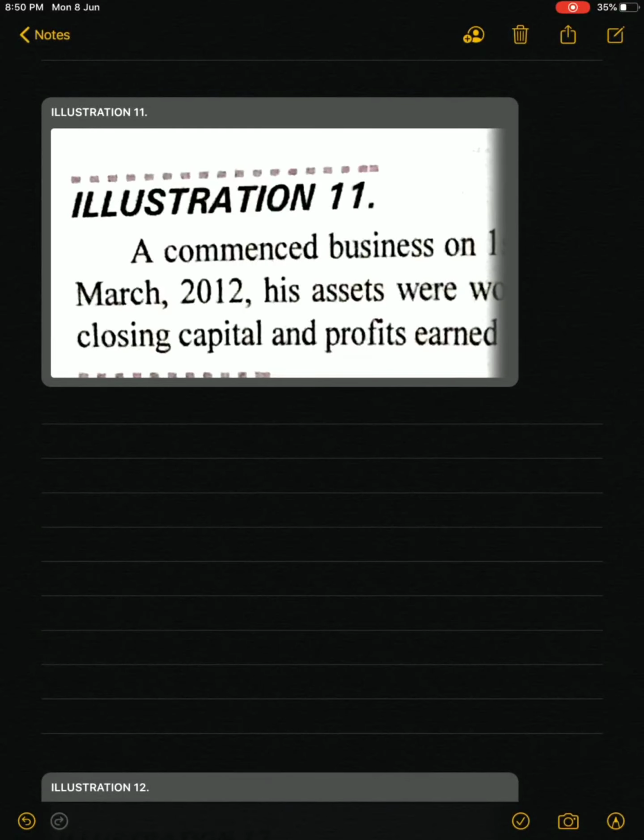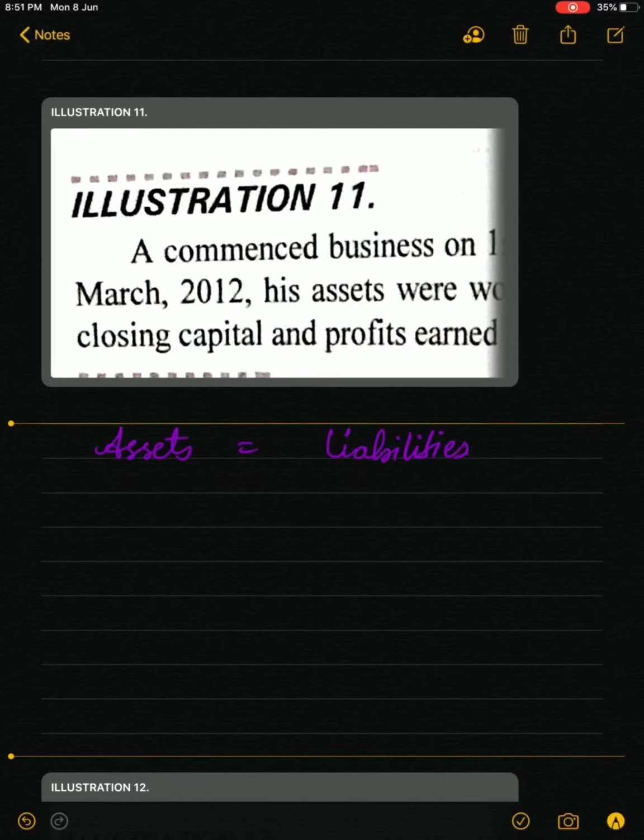In this question, first we have to find out the capital, right? We have asset balance and liabilities balance, but we have to find out the closing capital.